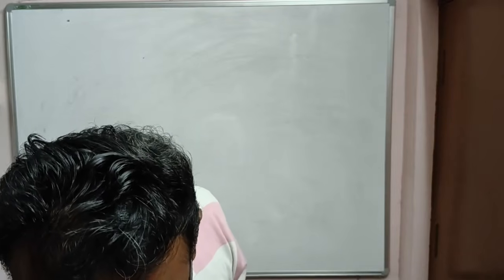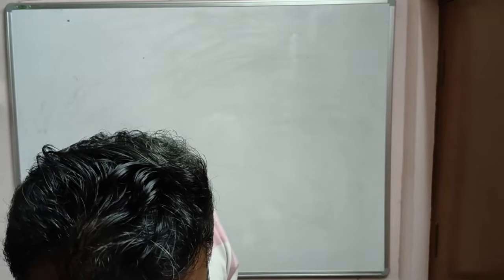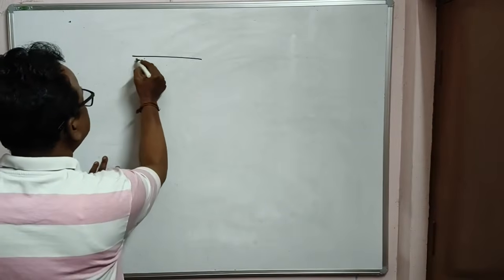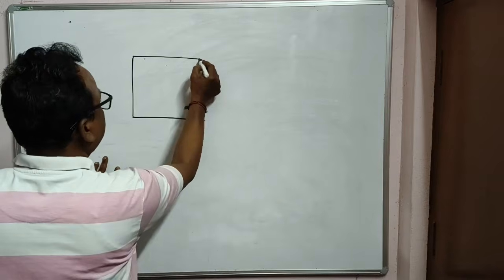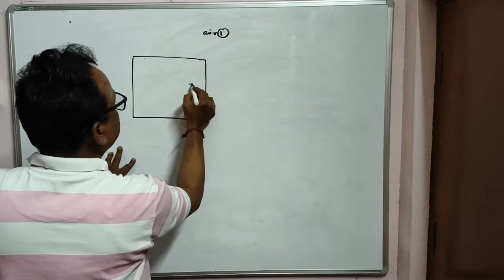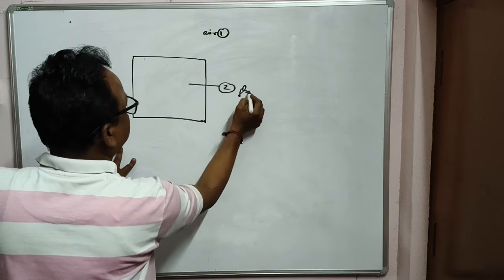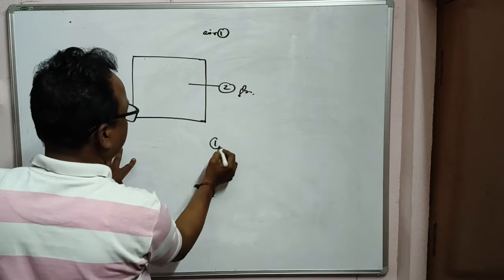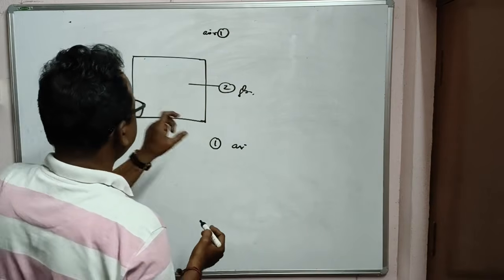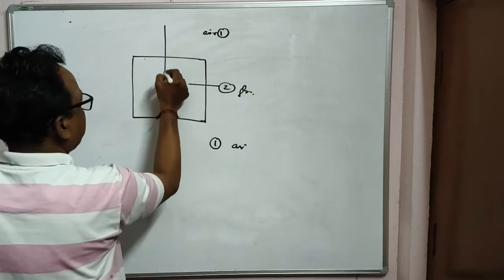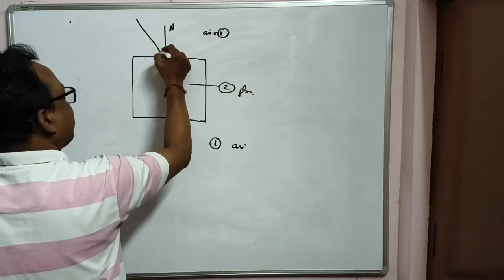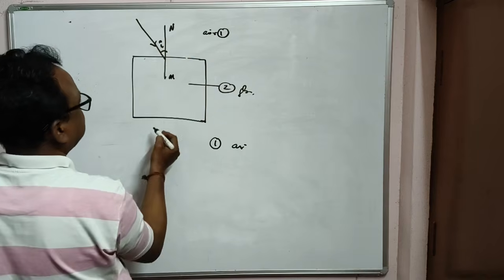That is, in a glass slab, how the refraction takes place. Okay. For example, if you take any glass slab like this, this is air, medium 1, this is glass, medium 2, again medium 1, air. So three mediums: air, glass and air. Now suppose you take a normal NM here, light is incident with the normal, angle i.